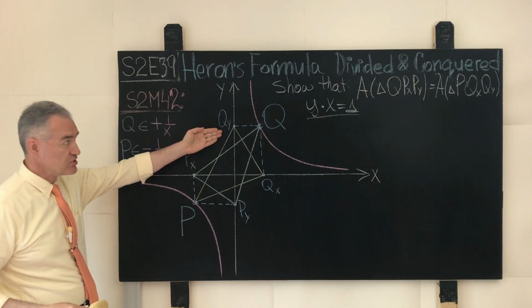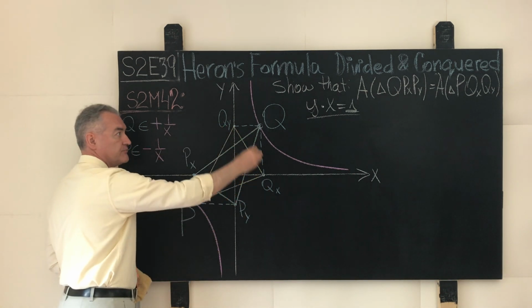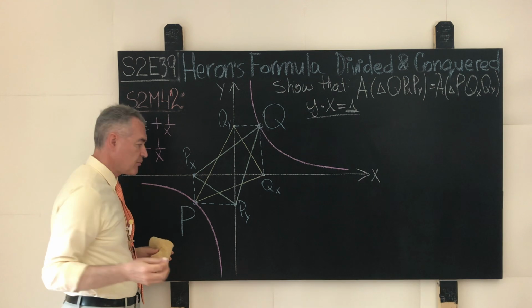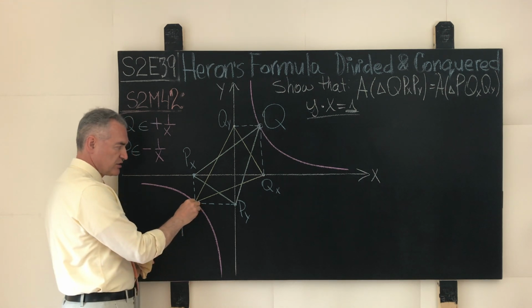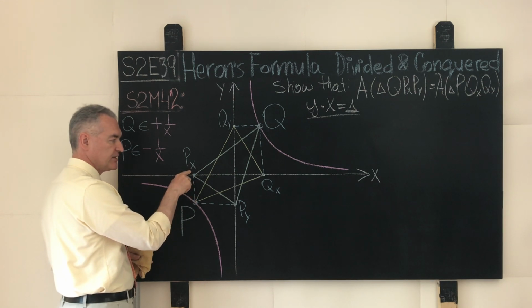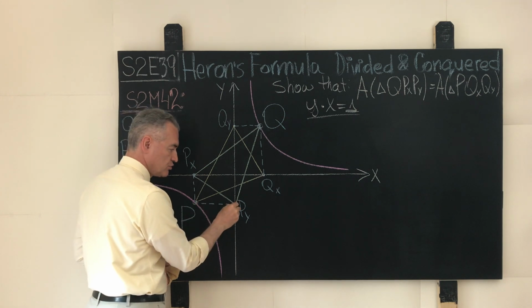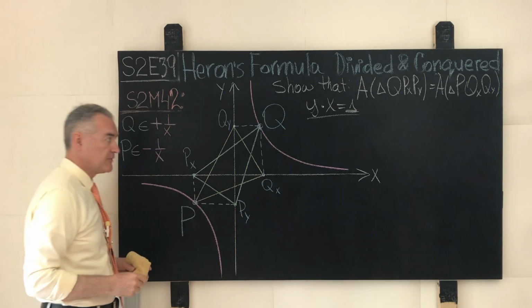QY is the orthogonal projection of the point Q onto the y-axis. The same thing exactly happens to the point P. We project the point P orthogonally on the x-axis in order to obtain the point PX, and we project the point P orthogonally onto the y-axis in order to obtain the point PY.